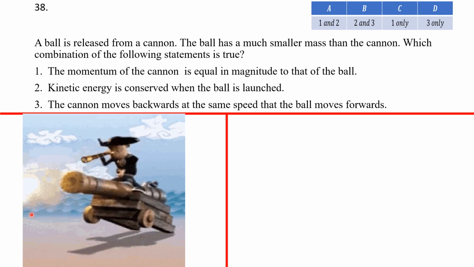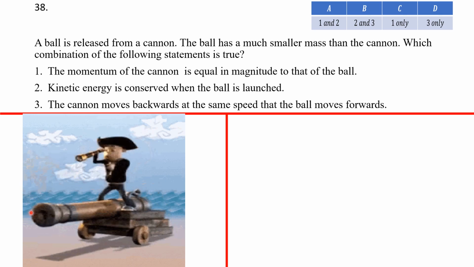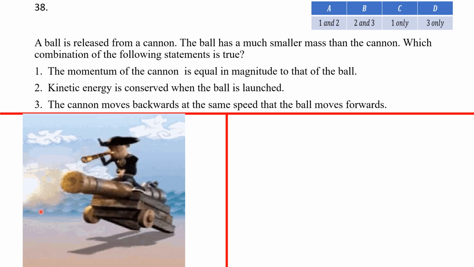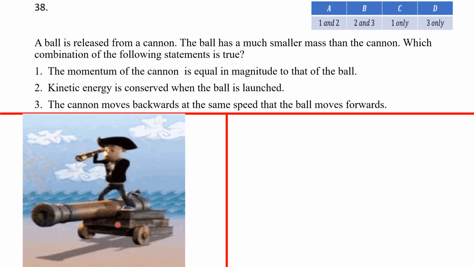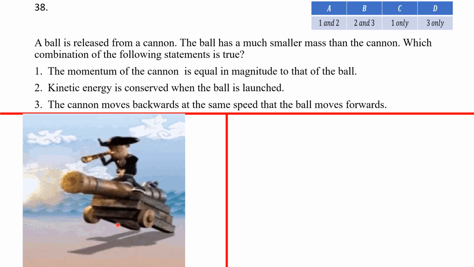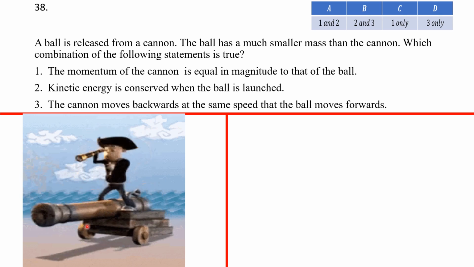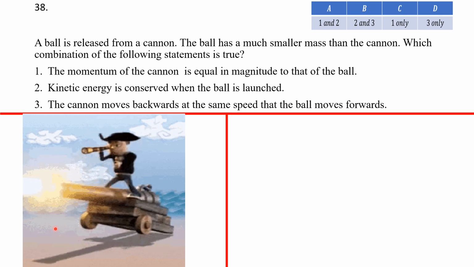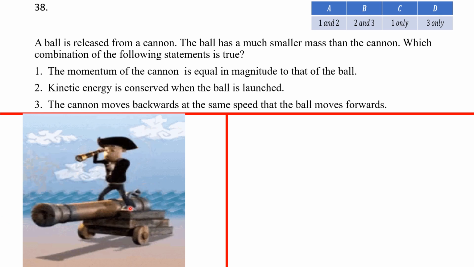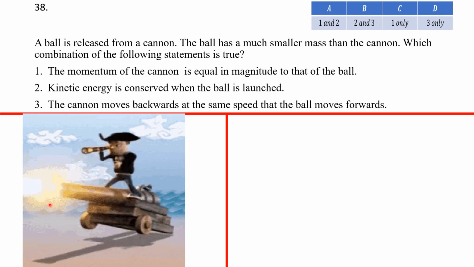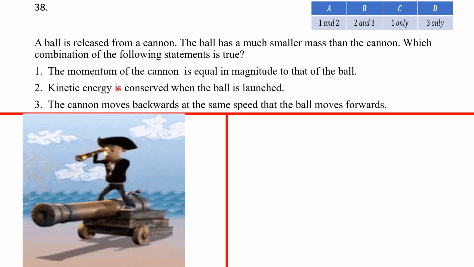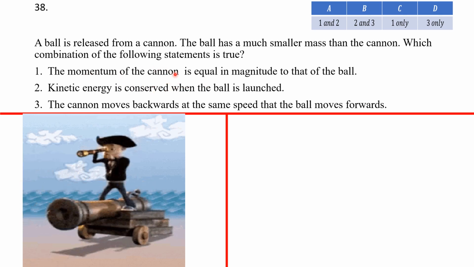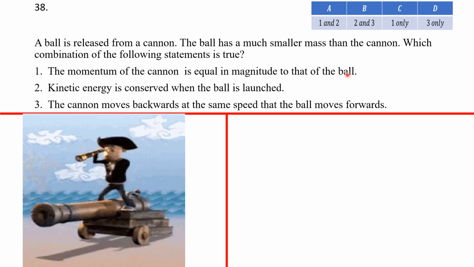So multiplying the small mass and the big velocity gives you the same momentum as that of the cannon. All of this happens so that you can conserve momentum along the direction of firing. So momentum is conserved. The momentum of the cannon is equal in magnitude to that of the ball.